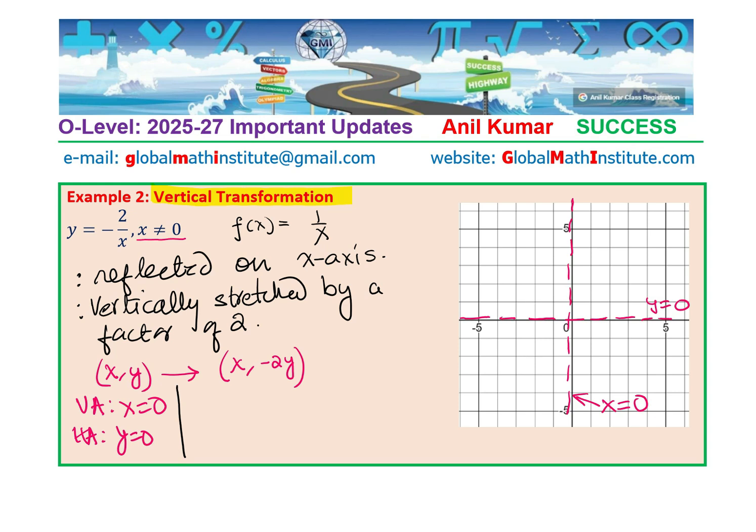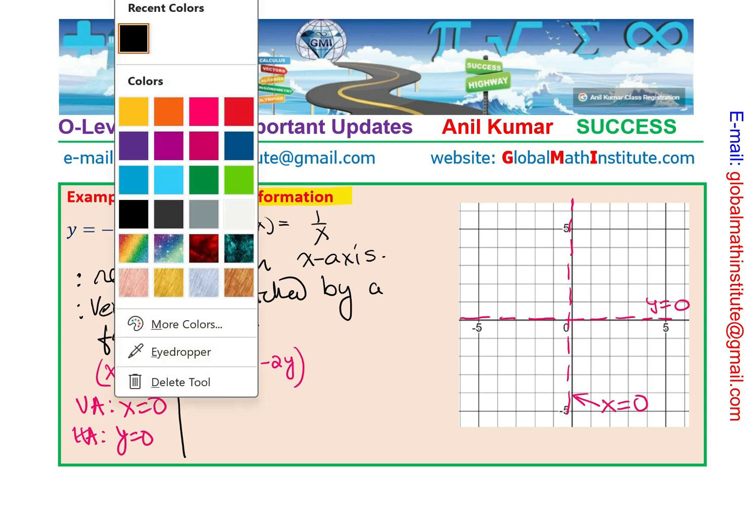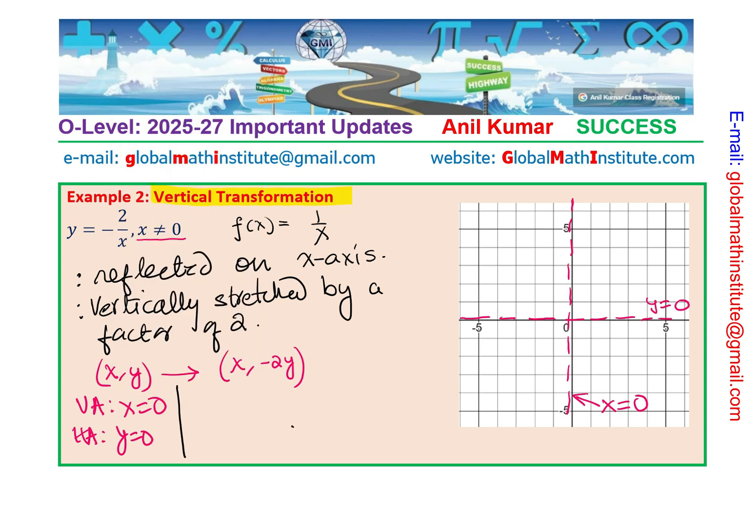Now what happens to the points? Let's consider the transformations. The key points which we always consider are (1, 1) and (minus 1, minus 1), correct? If I take, let's say, minus 1 on the graph, then it will change to what?